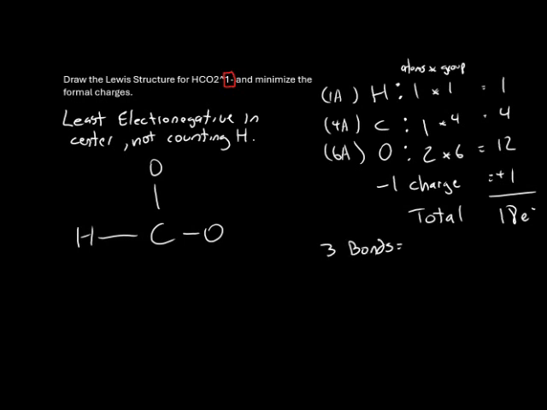Each bond that we've drawn uses up 2 electrons. So we'll say 3 times -2, giving us -6. We take the 18 we found a moment ago, minus the 6, giving us 12 electrons left over. We're going to give the leftover 12 electrons to the most electronegative atoms available, and that's oxygen.